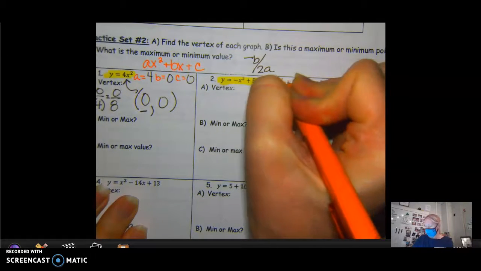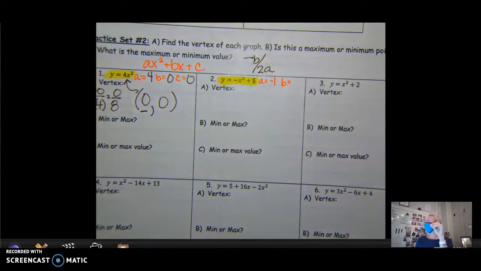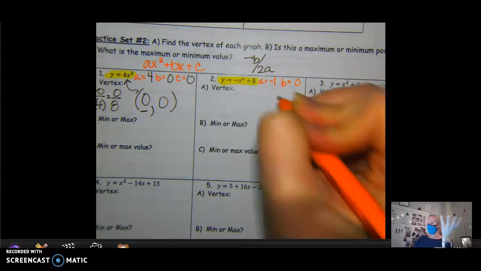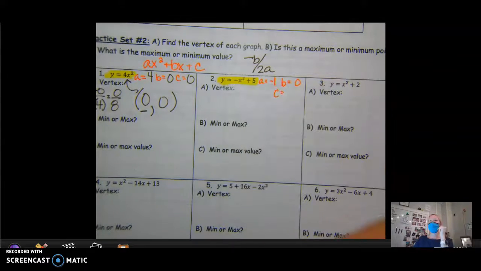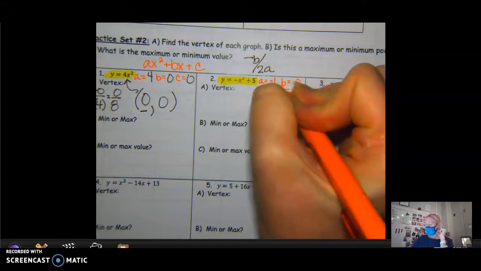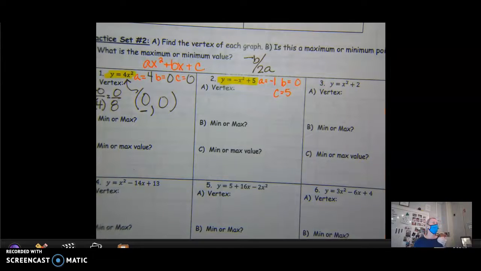What is your b value here? Remember, b is in front of the x term. Why is it 0? That's correct. There's no x term here, so it has to be 0. What is your c value? 5. Do we use the c value in the -b/2a? No. We're just going to list it out, though.